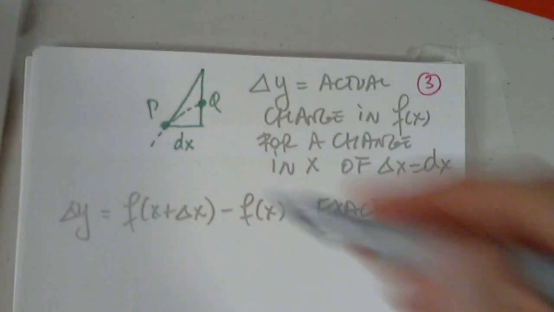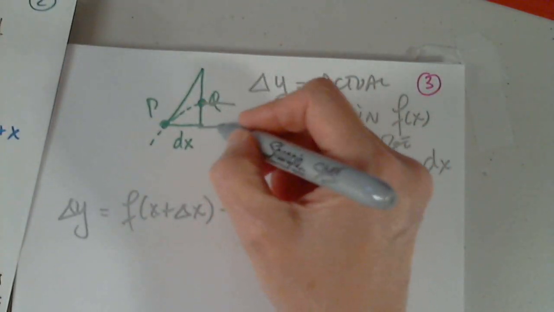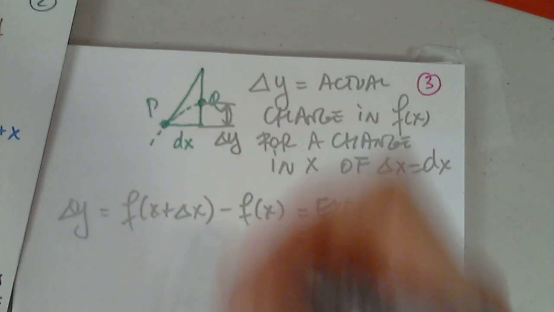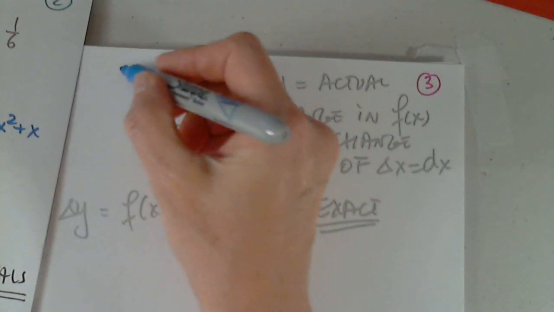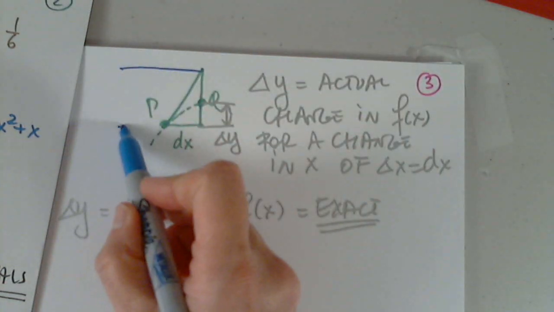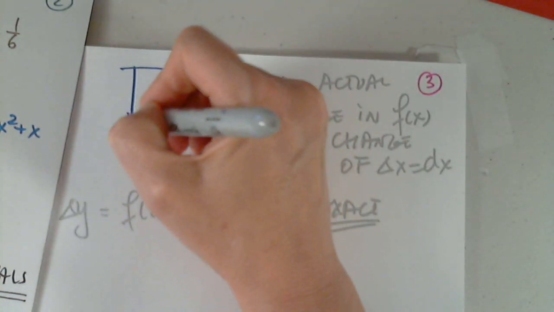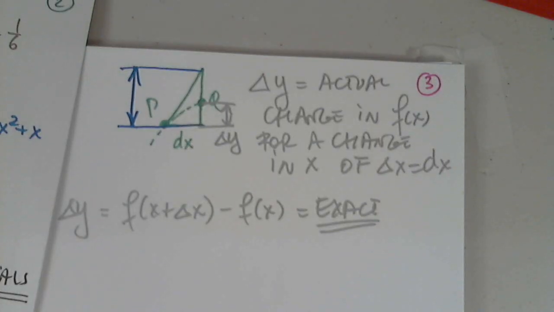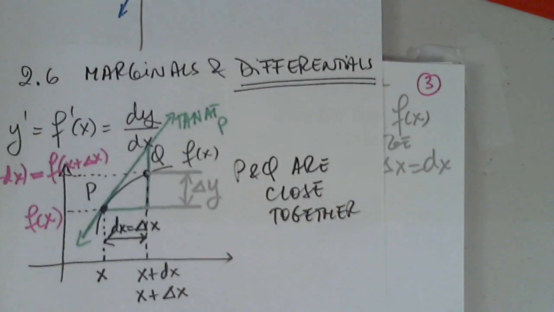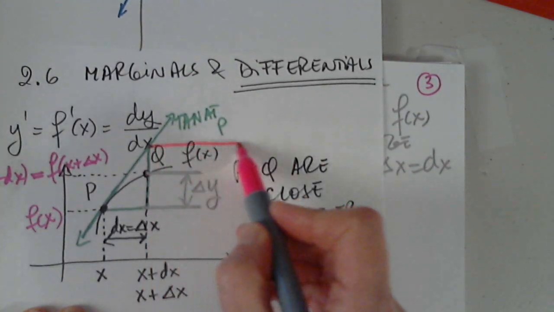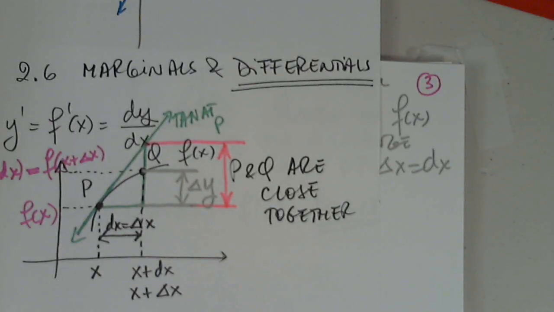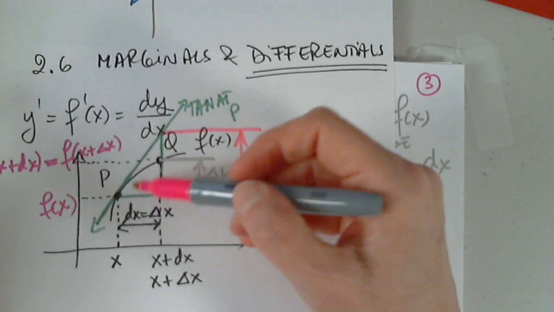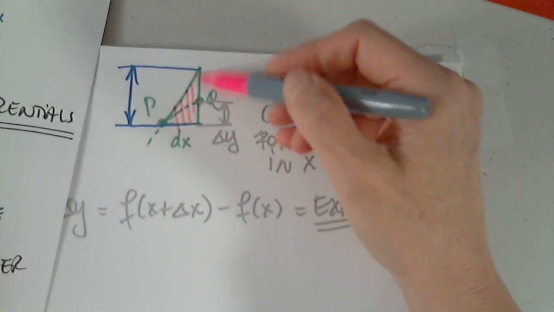Coming back now to my graph. So this was delta y. At this point, I'm really interested in determining this and discussing what that means. On the actual graph, I'm talking about this distance. See, this is a right triangle.